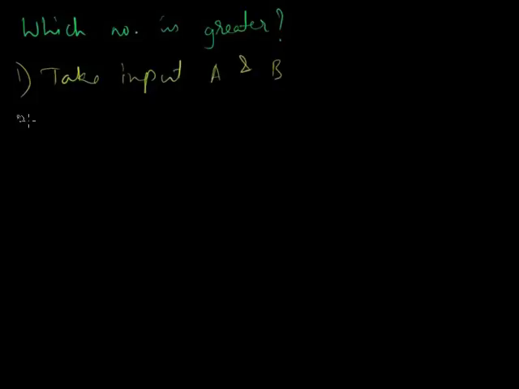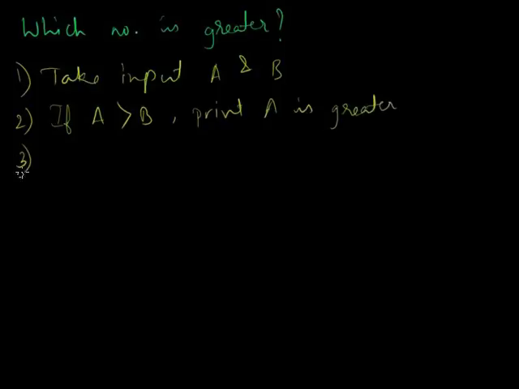The second step is to check whether A is greater or B is greater. If A is greater than B, then tell that A is greater. So we print A is greater. If not, that is else, it means that B is greater.